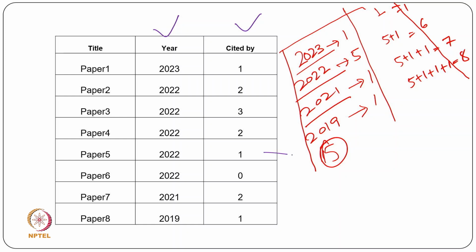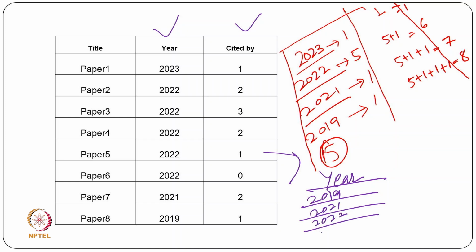What I have done is converted this data set into a format like this: year 2019, 2021, 2022, 2023. Number of publications in 2019 there is one, in 2021 there is one, in 2022 there are five, and in 2023 there is one.